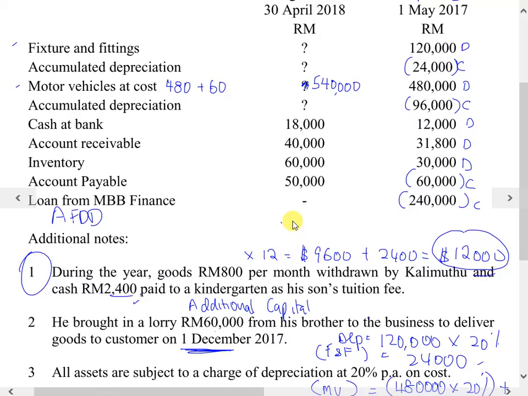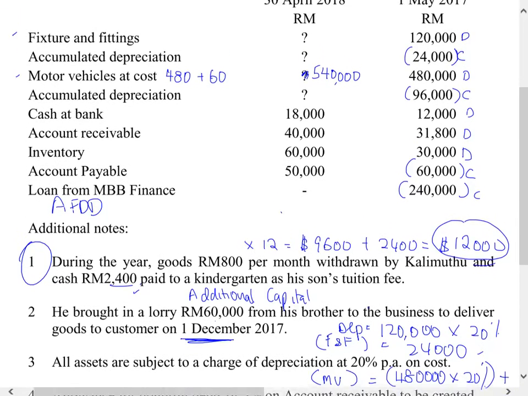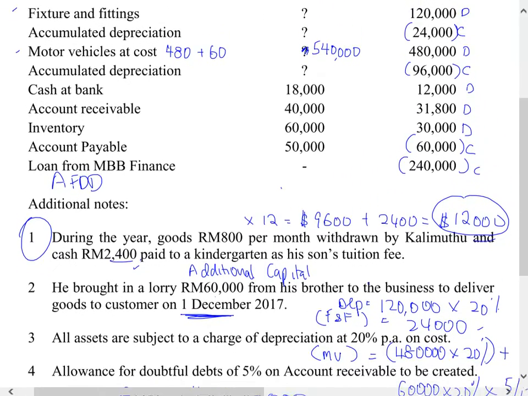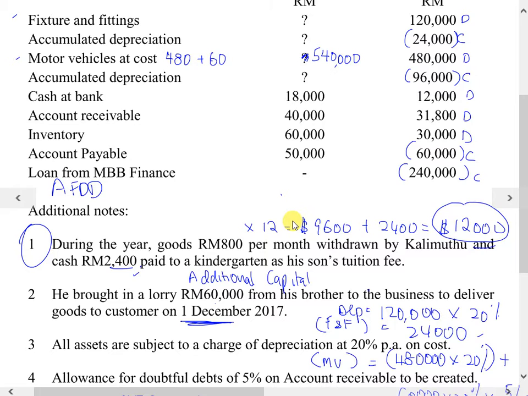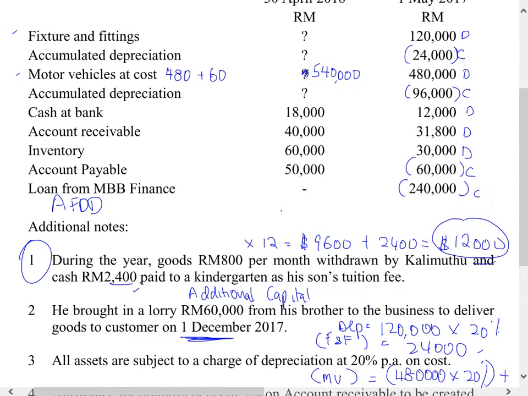Okay. Number 3. All the assets are subject to 20% per annum on cost, 20% depreciation on cost. I got how many types of fixed asset here? 2, fixture and motor.